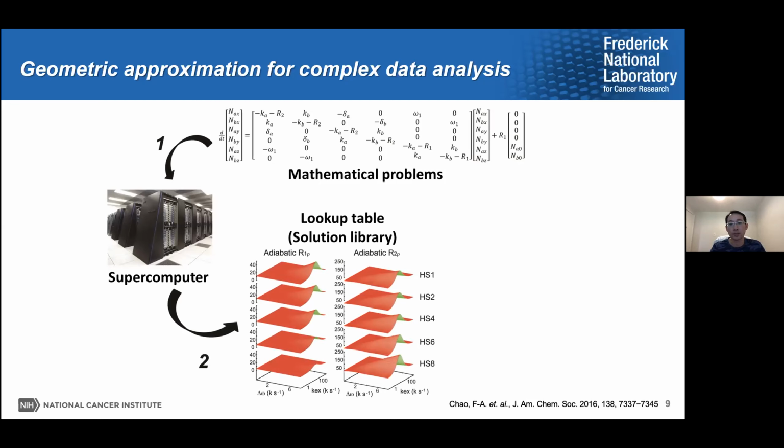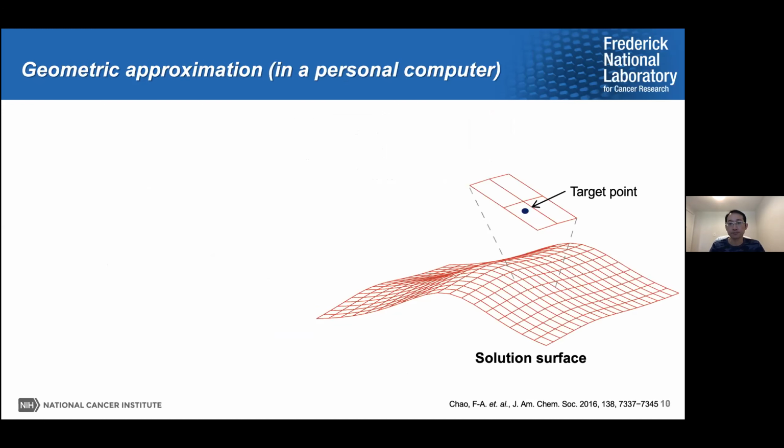And it's huge in the math, but we need to develop a way to let the personal computer use this useful information, and we don't need to repeatedly calculate the answer which we already know. Okay. So once you generate the library, you can input this library into your personal computer, and my script allows the personal computer to approximate your solution surface in an extremely fast way.